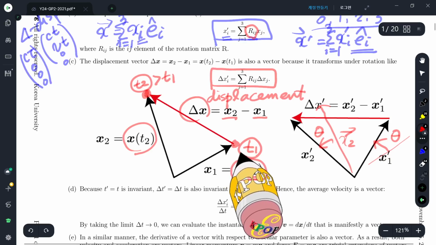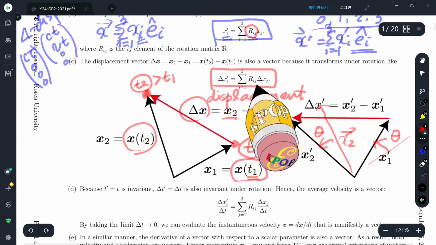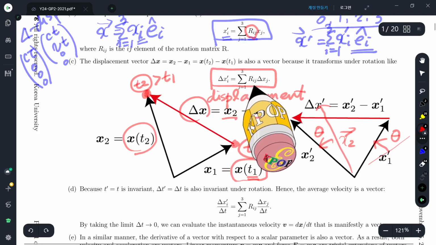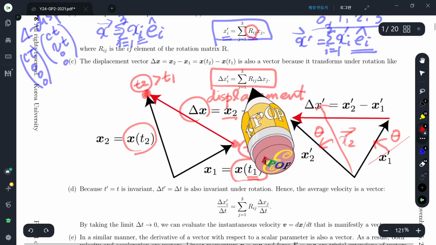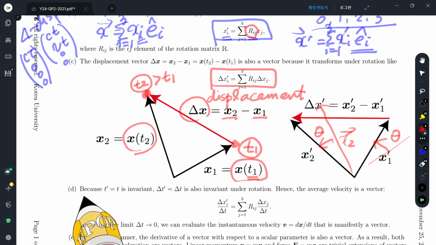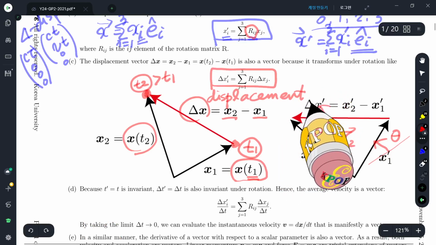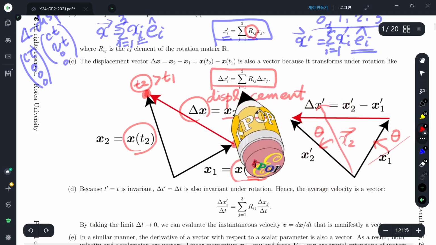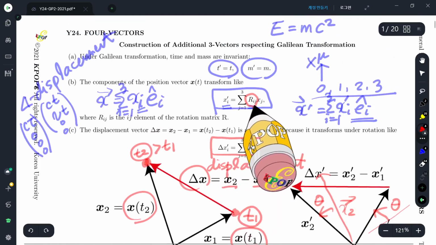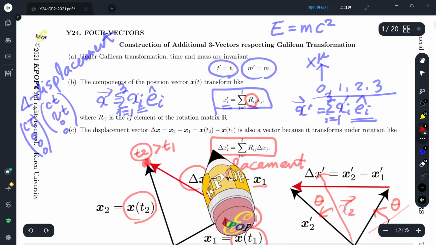Because the initial and final points are both making a transformation following the constant matrix elements, the rotation matrix, we can find that the displacement follows the same rule.